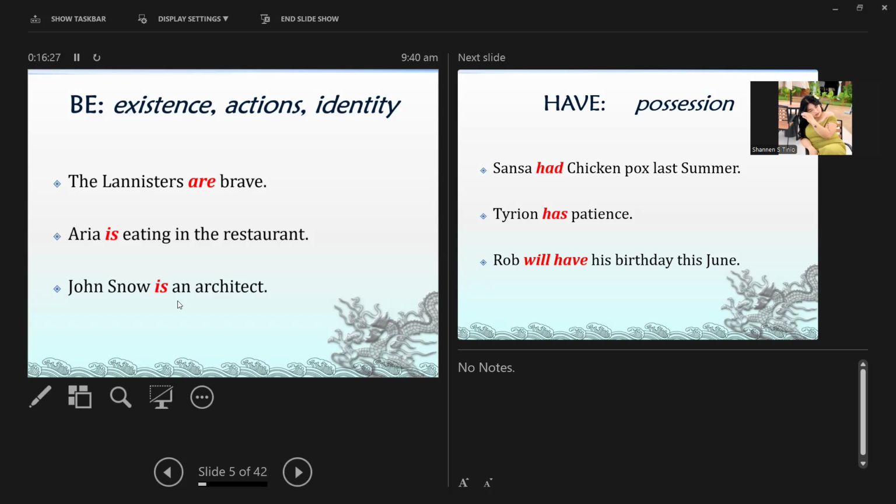Since nakakapitalize, we can assume that Lannisters is the last name of a family or person. Okay, Arya is eating in the restaurant. Jon Snow is an architect. Okay, so as you can see, these are all expressing existence, actions, and identity.